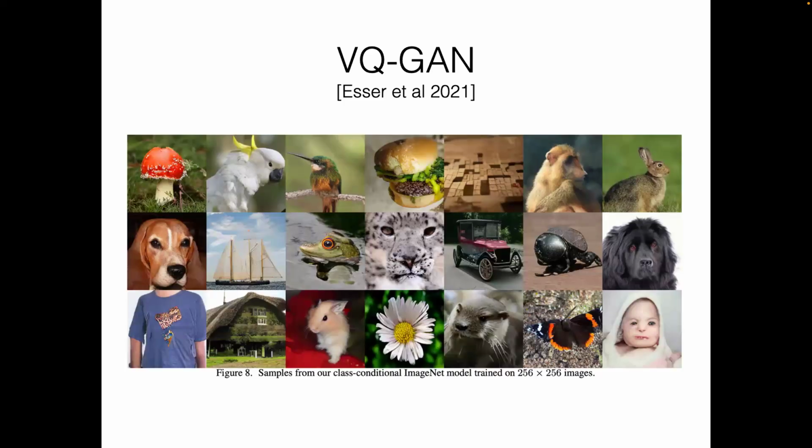And then here's some examples. So here they are doing this on ImageNet, which is usually pictures of one individual thing. And they're able to get some maybe decent samples from that.